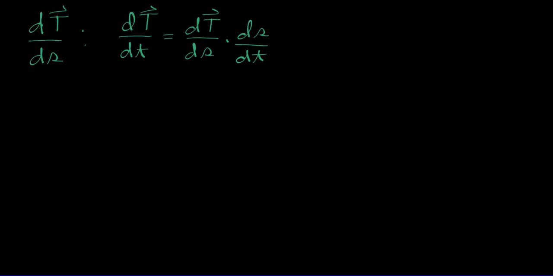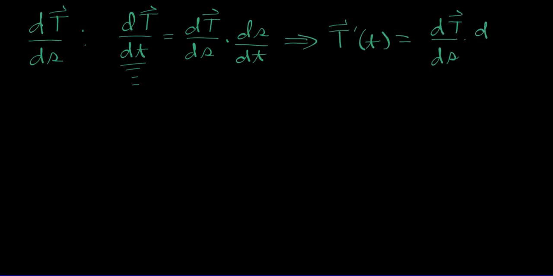Okay, now I'm going to rewrite this right here as T prime of t, and this over here I'm going to write as ds/dt, just putting in this step. Okay, y'all see that?